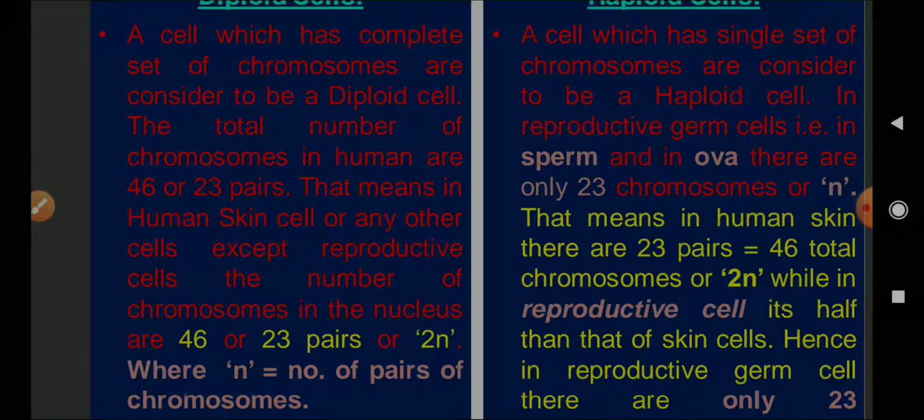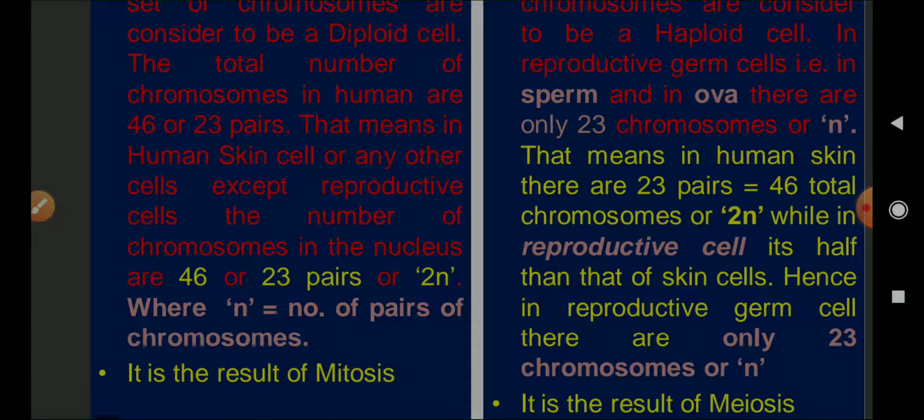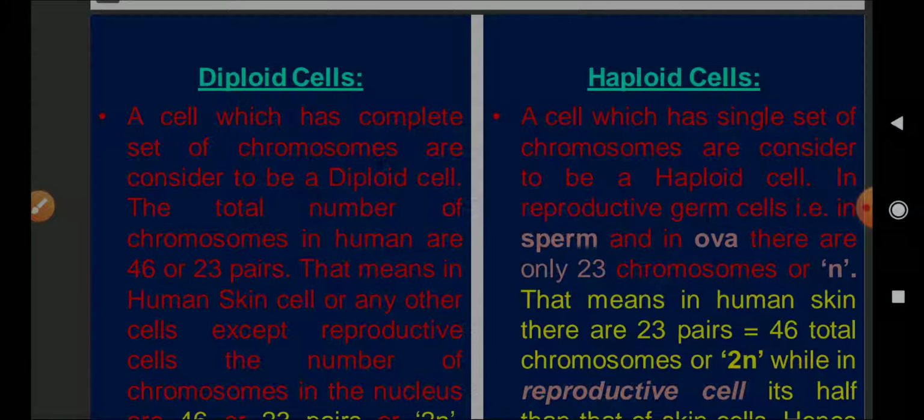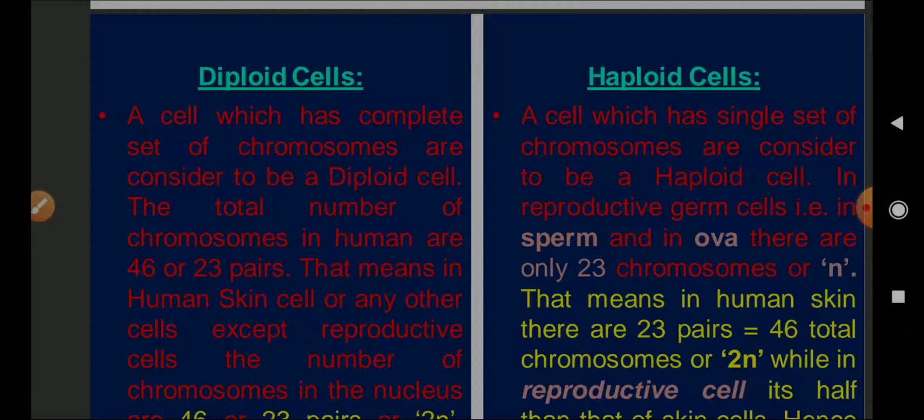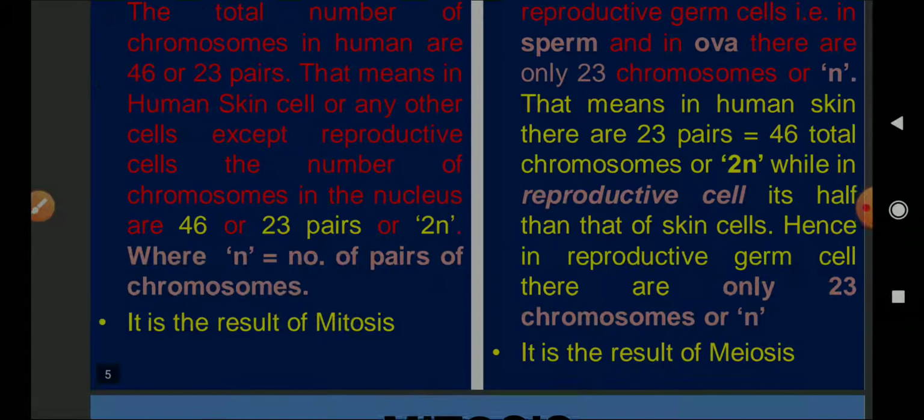Hence in the reproductive germ cell there are only 23 chromosomes, or n. It is a result of meiosis. So in a reproductive cell there is half the number of chromosomes of a parent cell. As I told you, if an organism has 100 chromosomes in its body cell, then in its reproductive cell there will be only 50 chromosomes. So that is half. So there is a difference between the diploid and haploid. Diploid means complete set, haploid means single set, or you can say half the set.